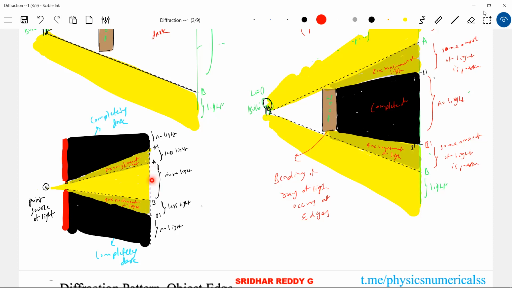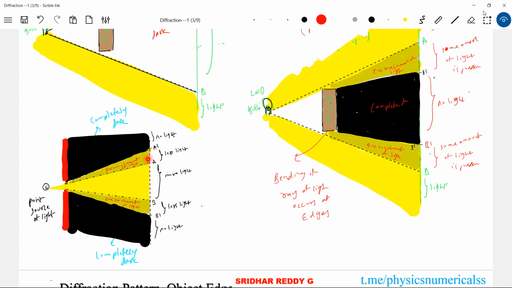More light will be present here, and because the encroachment is not only in this direction but also occurs like this, definitely the intensity will not be uniform. It will be variable, because not only the part of the ray of light that reaches region AB, but even at the open edges the bending will occur in all directions. So a variable intensity is what we are going to get on the screen.